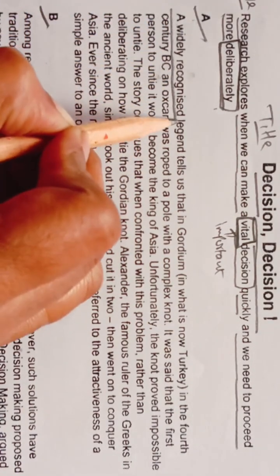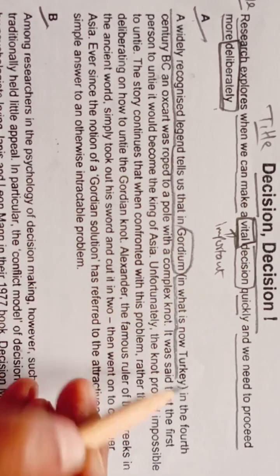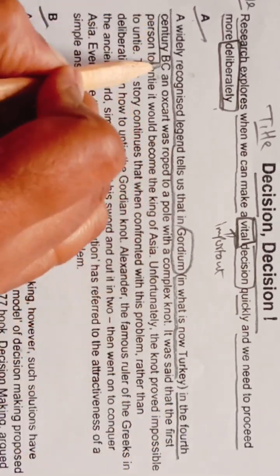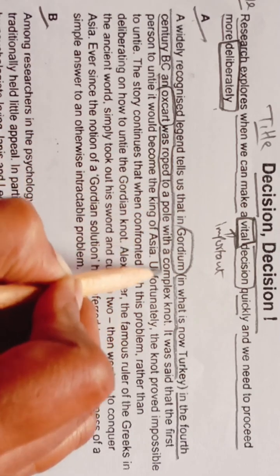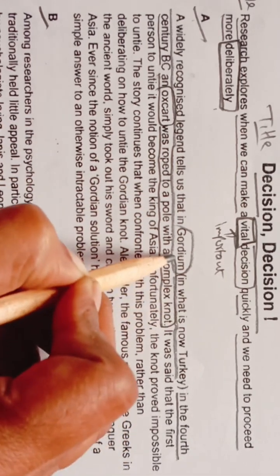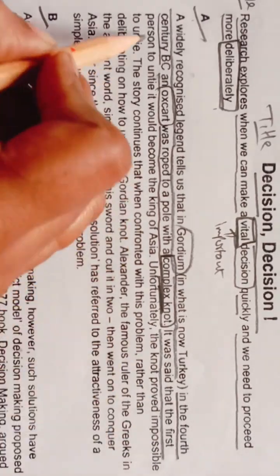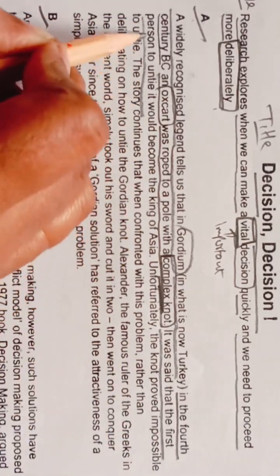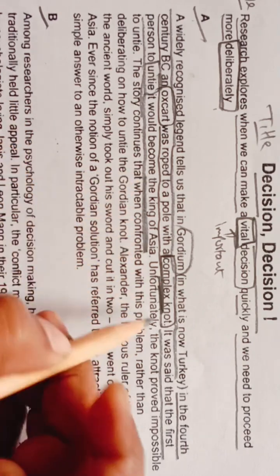A widely recognized legend tells us that in Gordium, in what is now Turkey, in the 4th century BC, an ox cart was roped to a pole with a complex knot. This is our keyword. It was said that the first person to untie it would become the king of Asia.